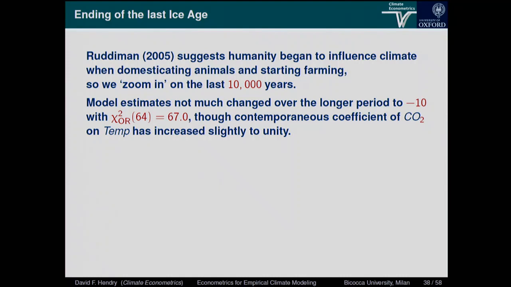So I'm going to zoom in on the last 10,000 years. I'm going to re-estimate the model up to that, and it actually passes all the tests. But the coefficient on CO2 has actually increased slightly to unity, which is still consistent with 1 degree per 100 parts per million CO2.